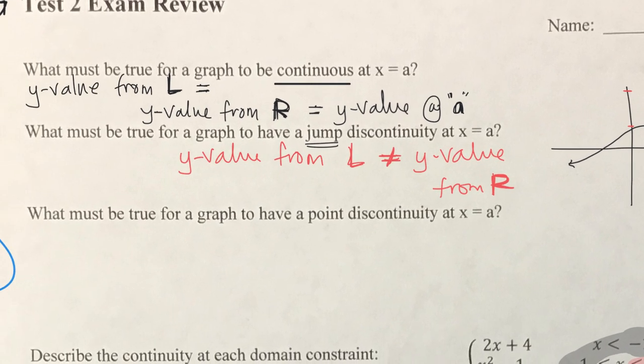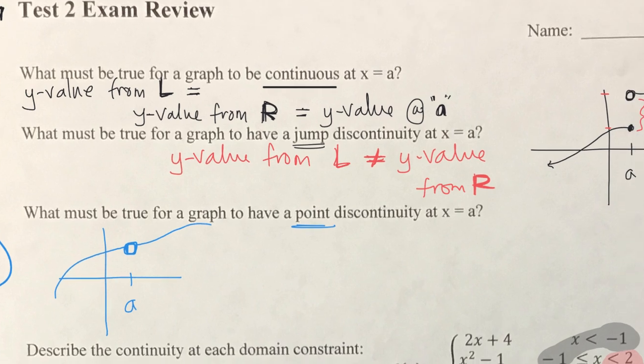And our other type of discontinuity is a point discontinuity. If we have a point discontinuity on the graph, that means the left side comes to some y value and the right side comes to that same y value, but there is not an actual y value there. There's a hole, and that's a point discontinuity.